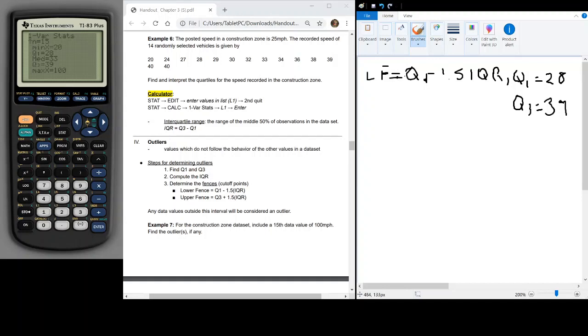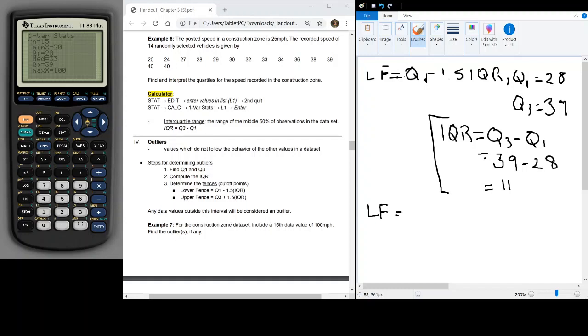Let's make a note of the IQR. Q3 minus Q1 is equal to 39 minus 28, that's equal to 11. Now that allows us to calculate the lower fence. The lower fence is equal to Q1, which is 28, minus 1.5 times 11.